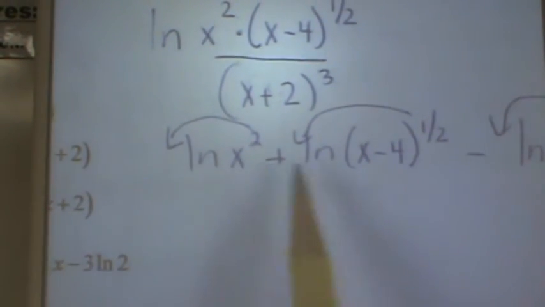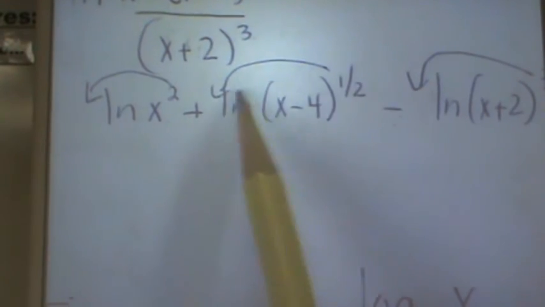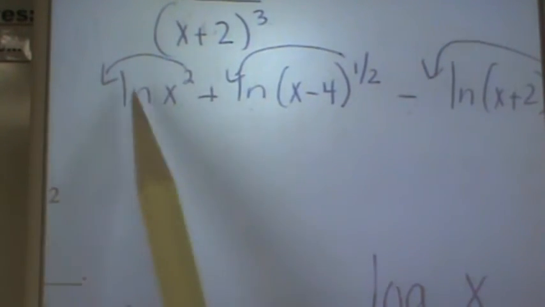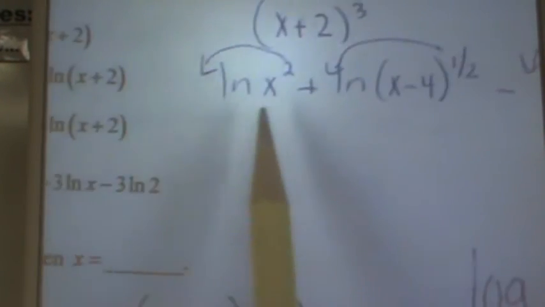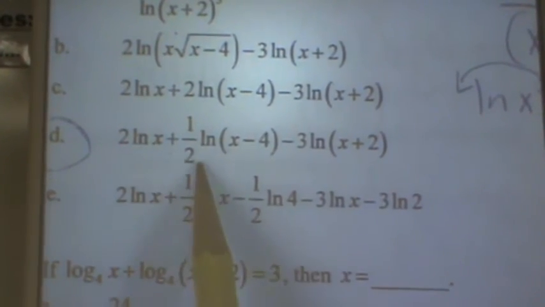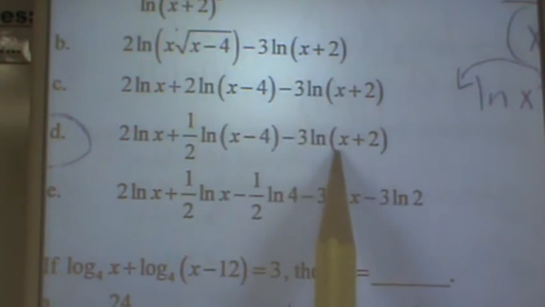So this is going to be a sum, and then we have a quotient, so it's a subtraction. And each of these powers goes directly in front of each ln. So the correct answer would be 2 ln x plus 1/2 ln of x minus 4 minus 3 times ln of x plus 2.